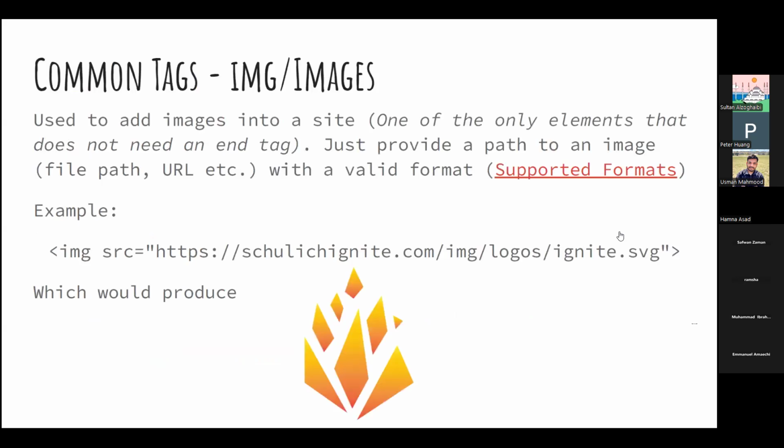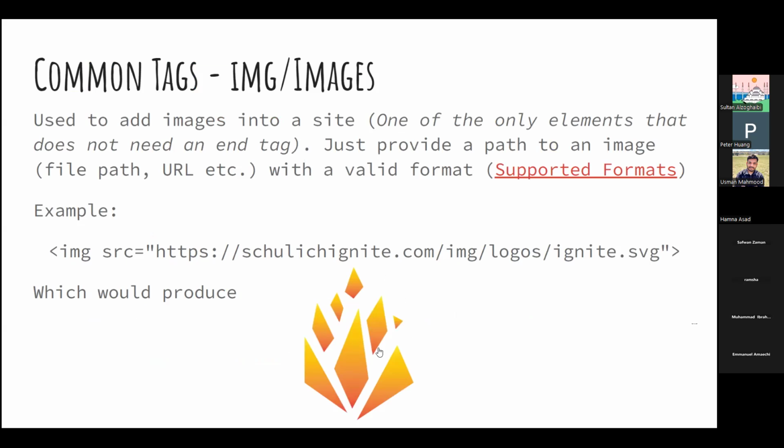Looking at some common tags like the image tag mentioned earlier, you have an example here of the Schulig Ignite logo where they use the image element with the source, and the source is basically the image itself, which is going to produce this image.